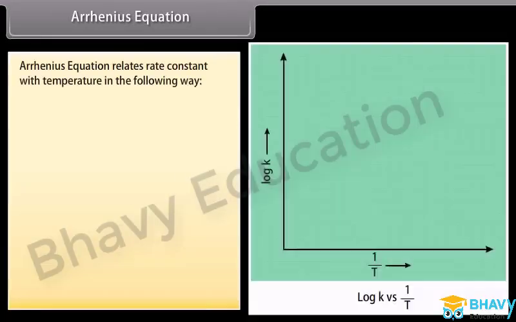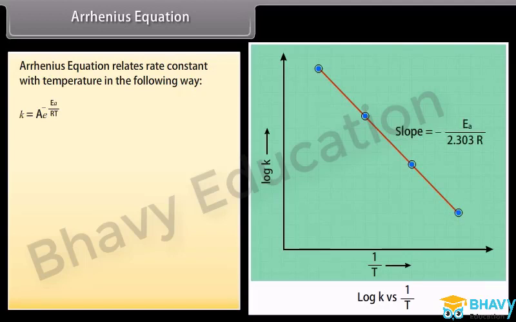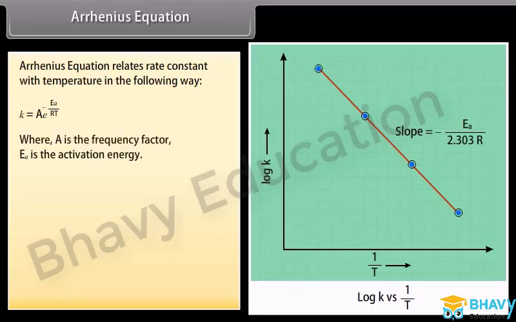Arrhenius Equation. The Arrhenius equation relates the rate constant with temperature as K is equal to the product of A and e raised to the power minus Ea upon RT, where A is the frequency factor and Ea is the activation energy.